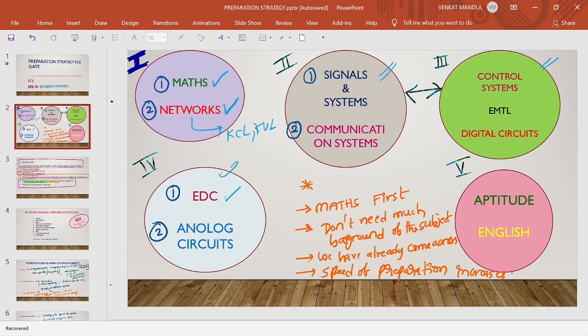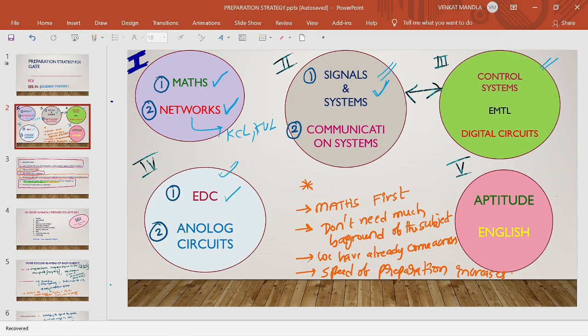Coming to the second block, I have also written them in order. The first one is signals. Don't go through the communication systems directly. First go through signals and systems, because your communication subject needs a tool. What is the tool? Your Fourier transform.